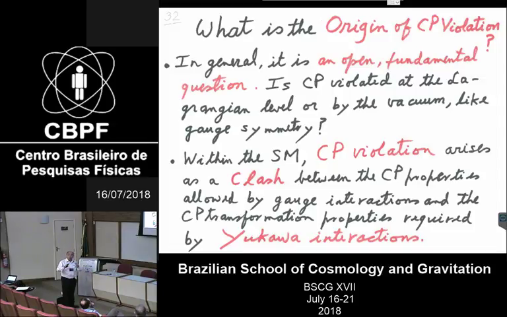The clash of the two. You cannot say that CP violation is here or there. CP violation appears because of these two at the same time. And I will explain that in two different ways, in a very clear way.